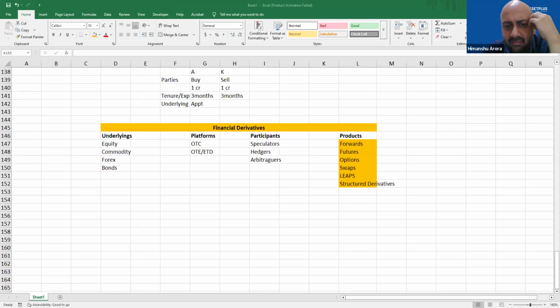So this is fairly simple. The bid price is the buyer's price, which is D. D is the correct answer. Next question.